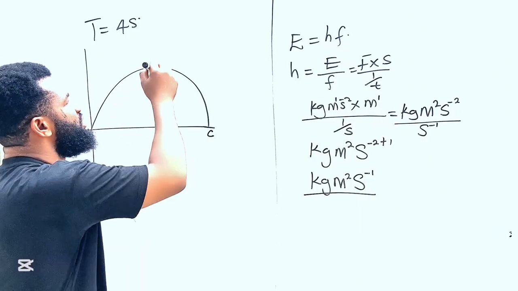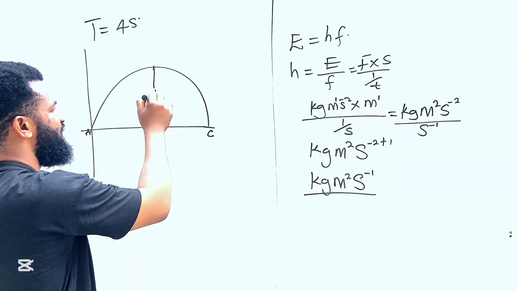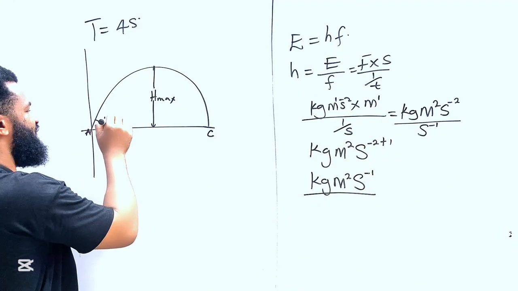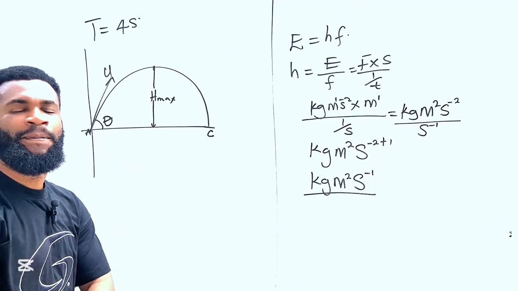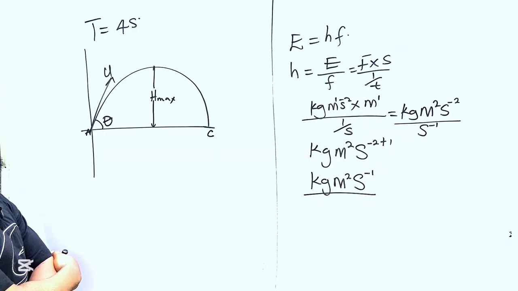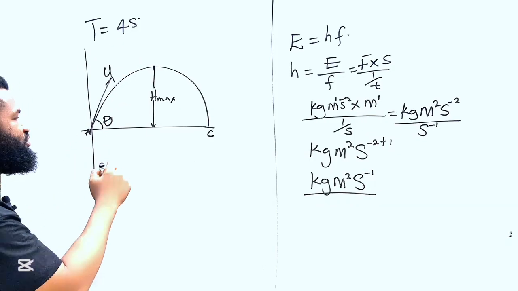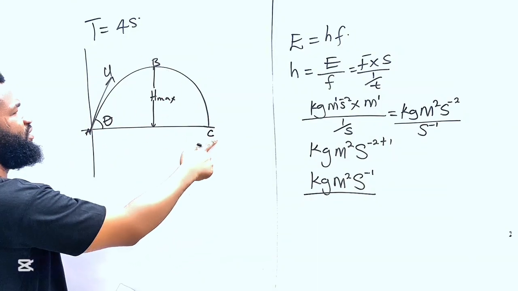At a point, it reached the maximum height, then started going down. Therefore, this is the height called maximum height. Remember, it is projected at an angle, and there is a speed with which it was projected. So what you understand is that this time called total time is the time it takes to go from A to B and down to C.